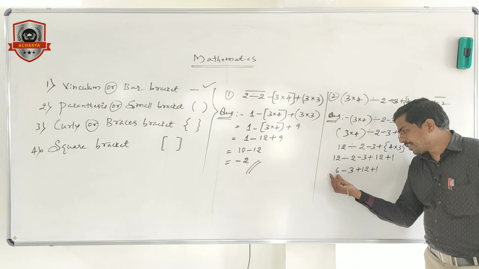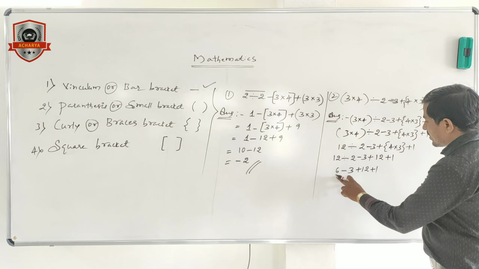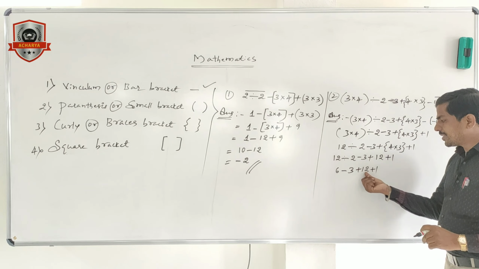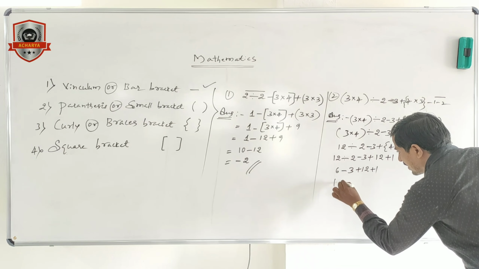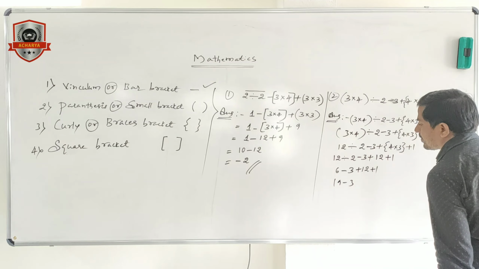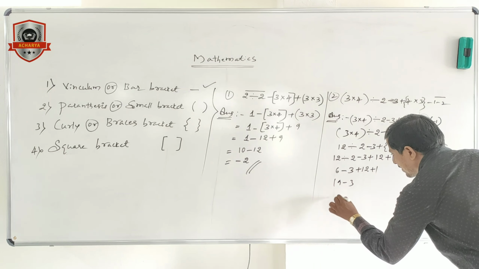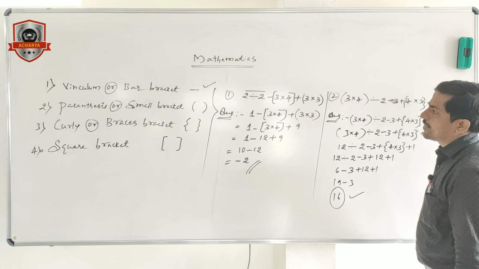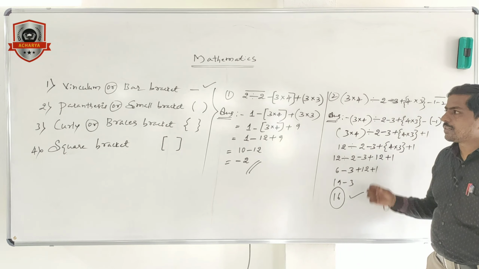So what are the positive sign numbers here? Plus 6, plus 12 and plus 1. 6 plus 12 is 18, plus 1 is 19, minus 3. 19 minus 3, so we get 16 as the answer, right?